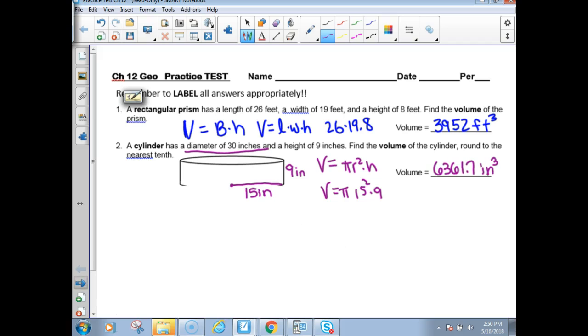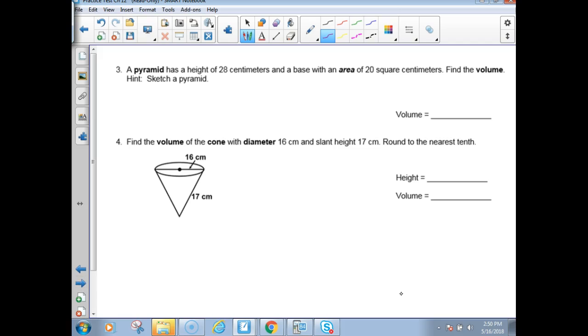All right. Number 3, a pyramid has a height of 28 centimeters and a base with an area of 20 square centimeters. If you go on your formula sheet and look for volume of a pyramid, it says area of the base times the height divided by 3. You already know the base area, that's 20, so that's your B value.